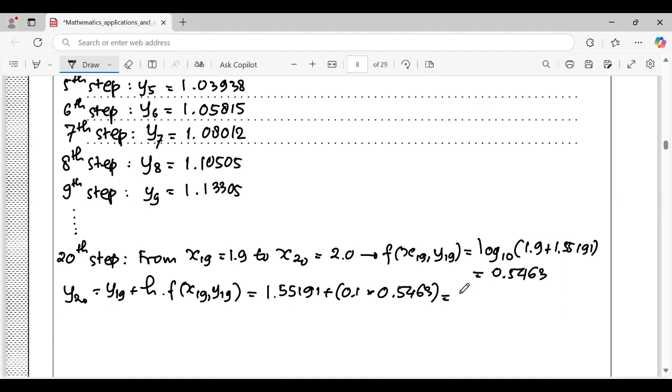And the result is 1.60654. Rounded off it becomes 1.61. This one.